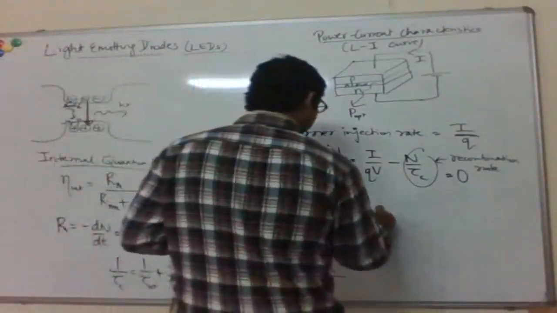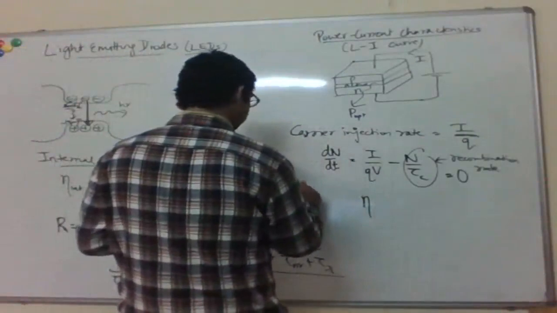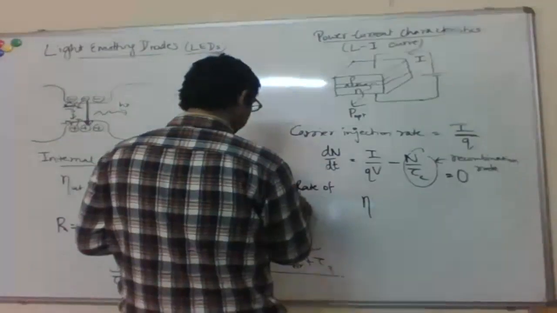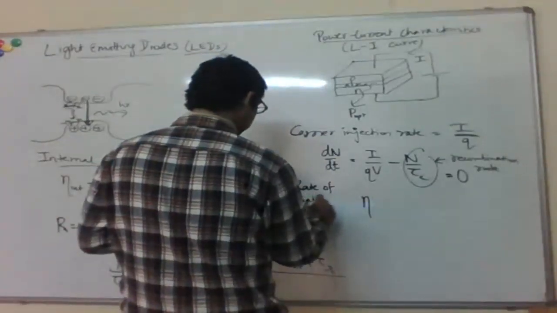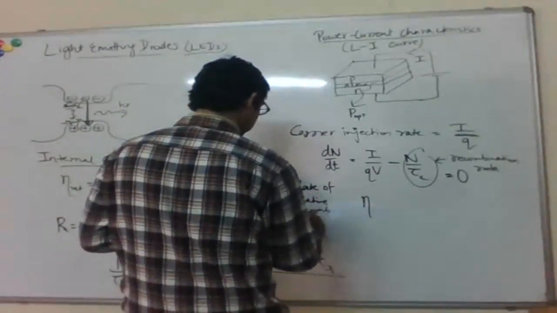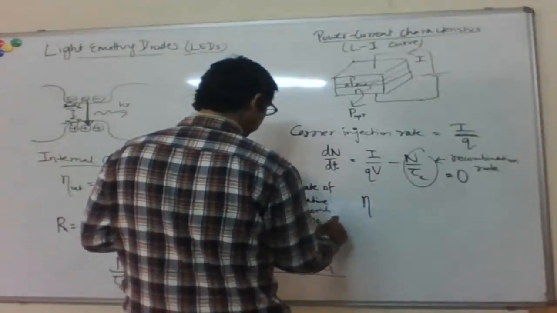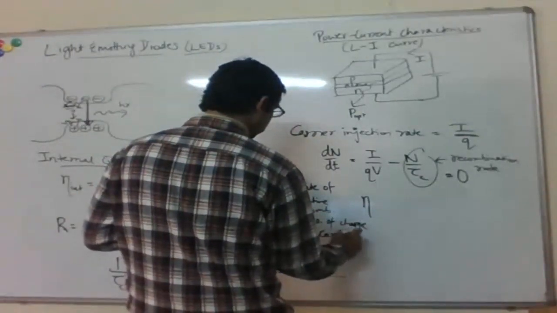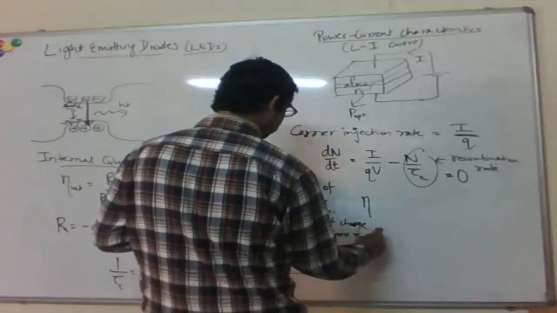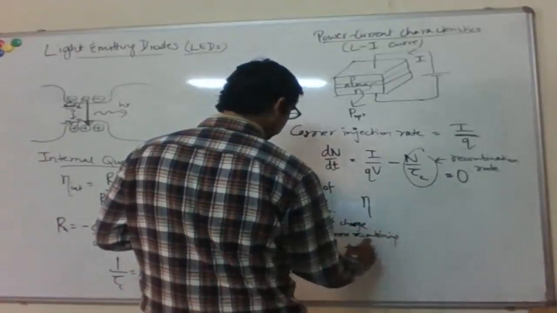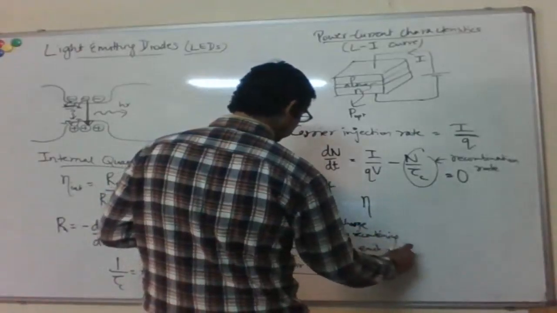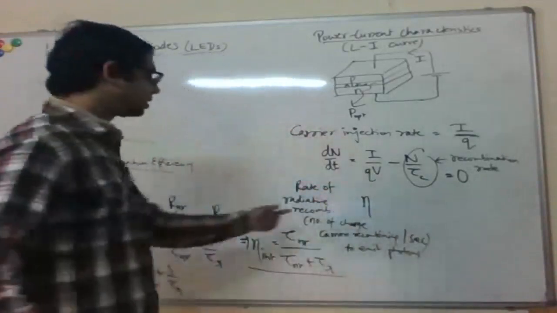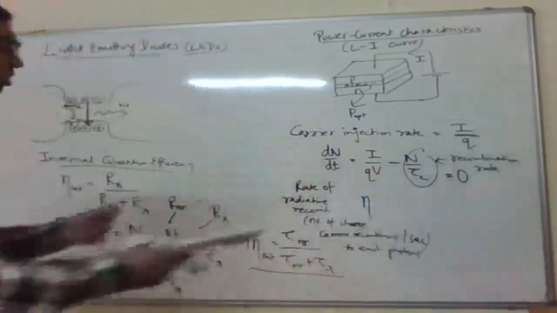So I can write that as, right. So this is basically the number of charge carriers recombining per second to emit photons.